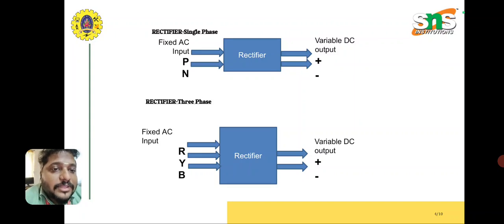Likewise, for the three phase, the input supply is R, Y, B. All three phases have the same input voltage, same current, same frequency. The only difference is the phase angle. The output of both rectifiers is nothing but variable direct current DC, that is plus and minus.